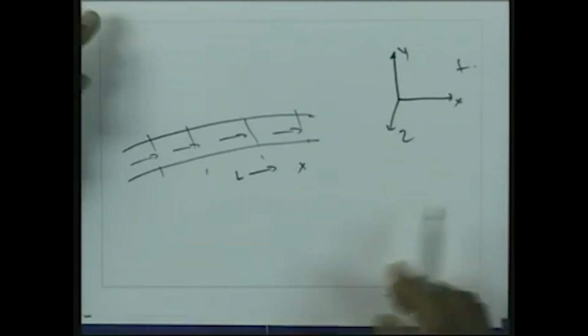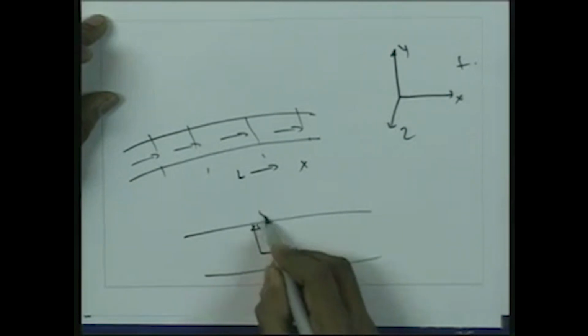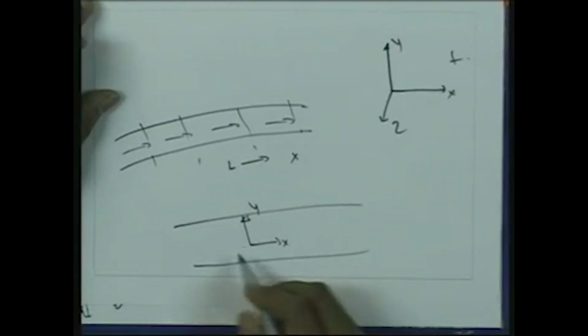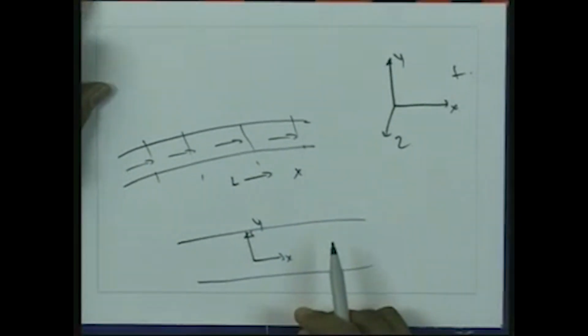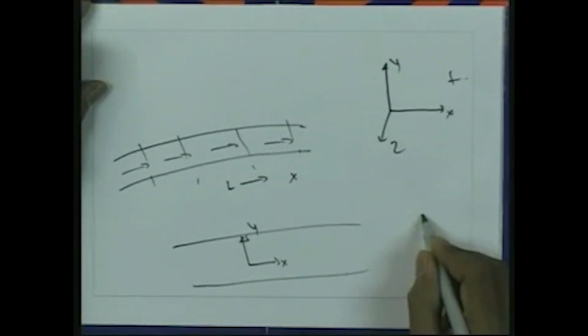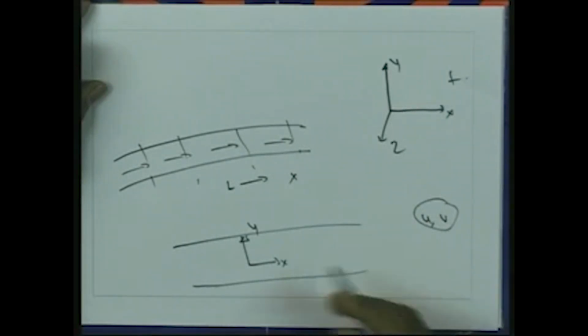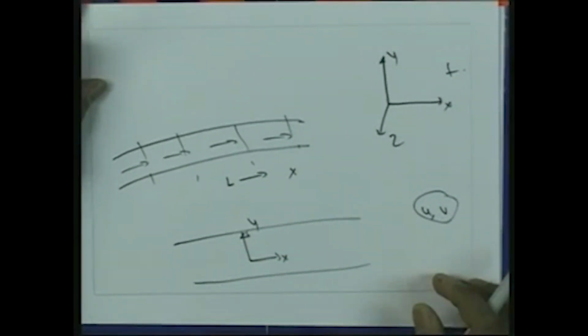When we need more details, the same problem can be described as two dimensional, so that both x and y components are described, and the velocities in the lateral direction, u and v, are also considered.